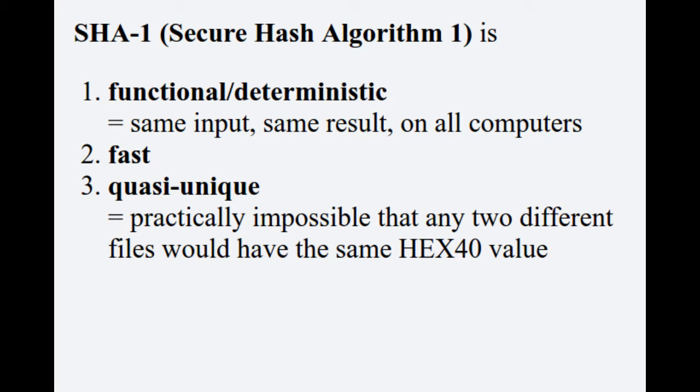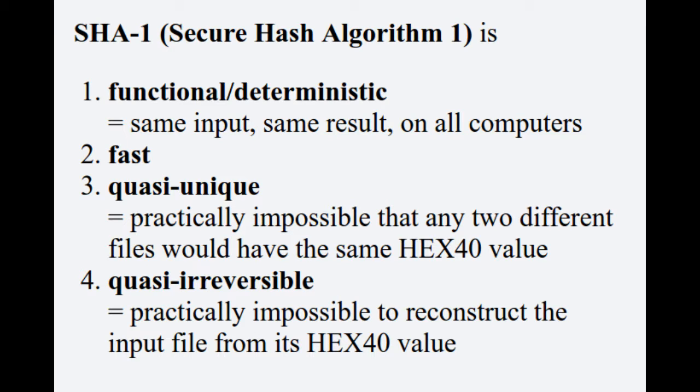But since the finite amount of different hex 40 numerals is astronomically huge, remember a decimal with 49 digits, it is statistically really safe to assume that this case will never occur in real life. It will practically never happen that we are confronted with two different files with the same SHA-1 value. So the function is not strictly unique, but quasi-unique at least.